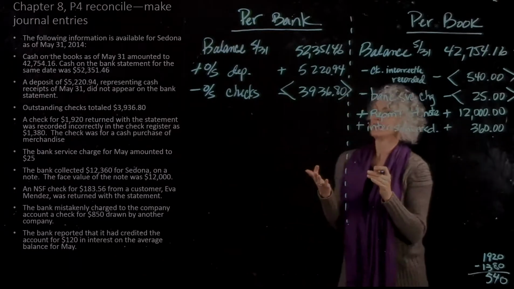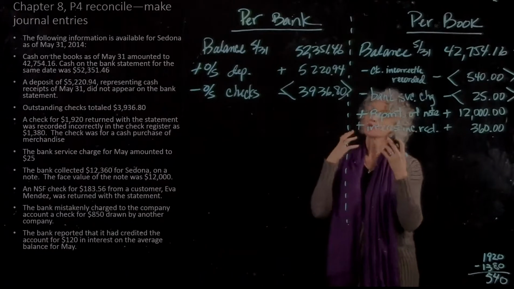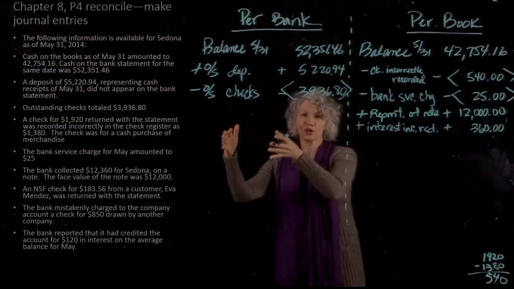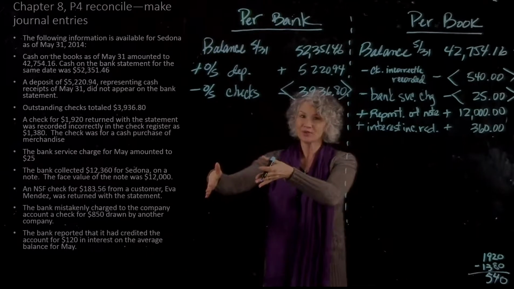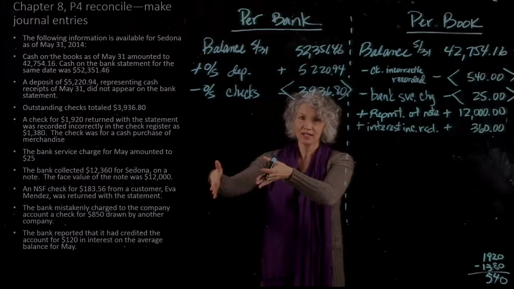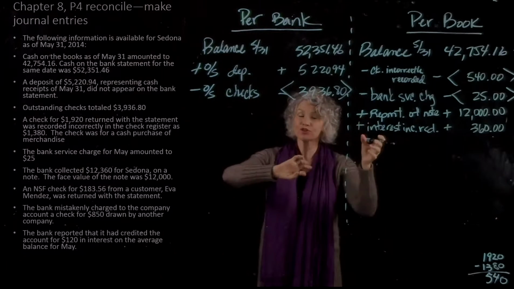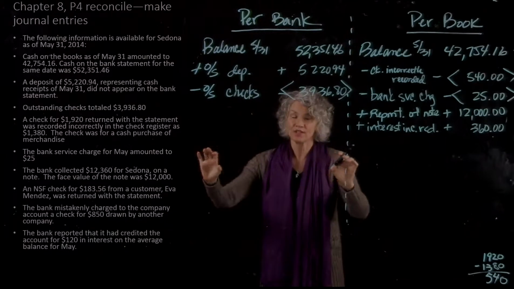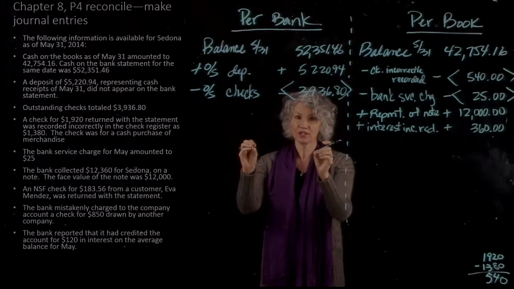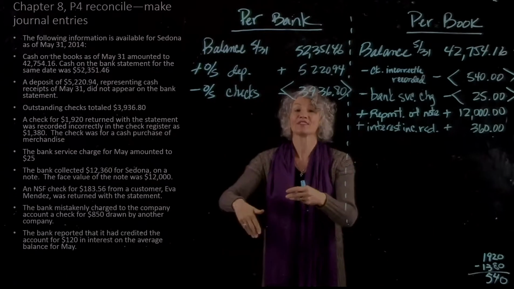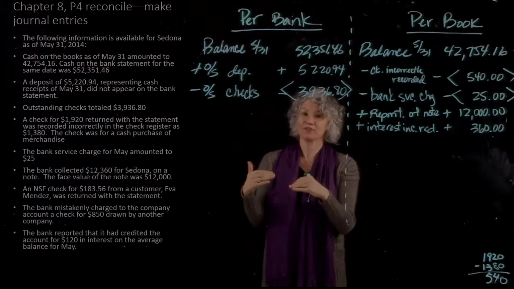Okay, so what that means is that one of your customers paid you, and you included the check with your deposit. You took it to the bank. Unbeknownst to you, that customer didn't have enough money to cover that check. And so when your bank tried to get it from her bank, it was declared insufficient. So NSF is an abbreviation for insufficient. So the bank has already taken it out of your account.